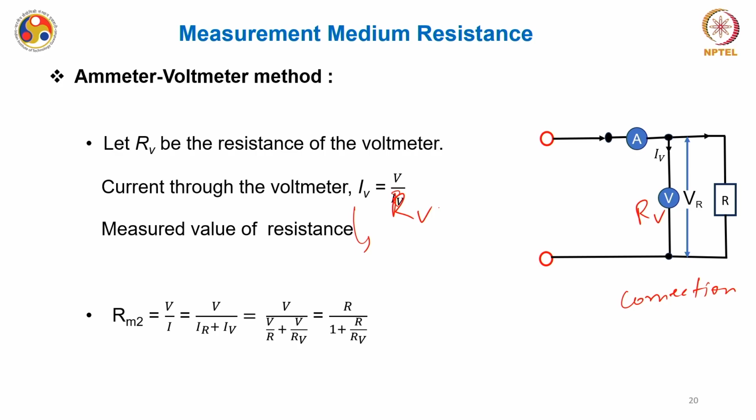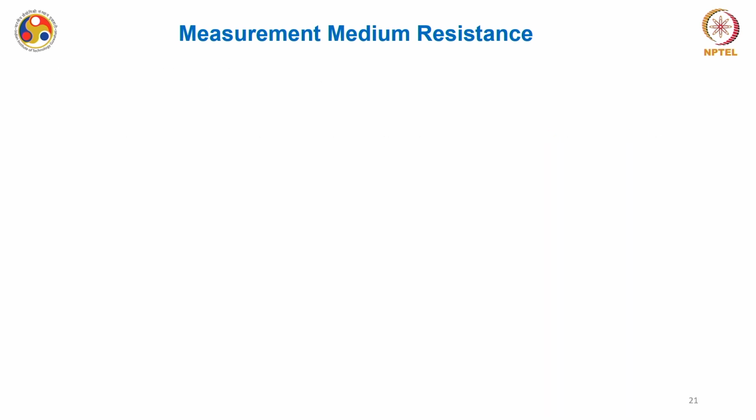Writing the values of IR and IV: IR is the current flowing in the unknown resistor, that is V by R, and IV is the current flowing in the voltmeter, the voltage V divided by RV, fine. So I have RM2 as R by 1 plus R by RV, alright.